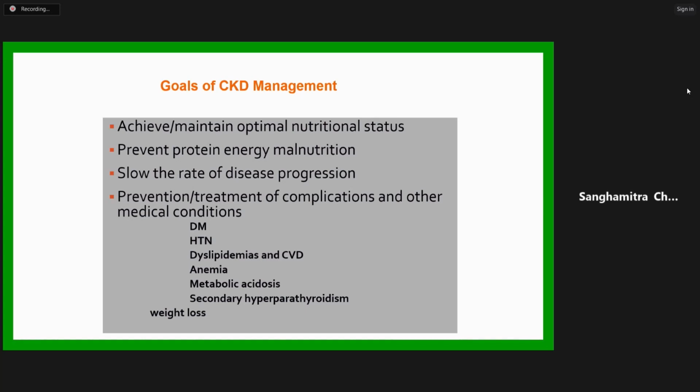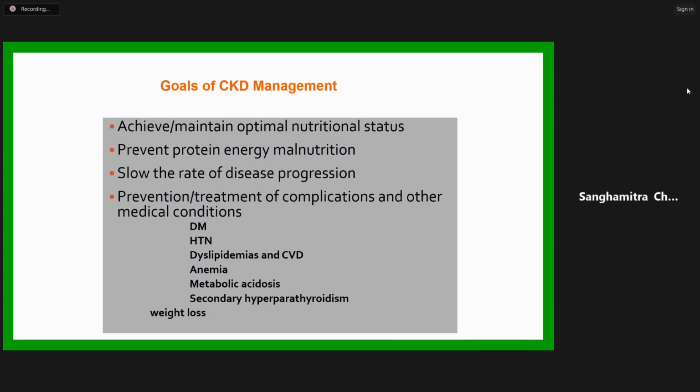But usually what is missed out is that the moment we talk of kidney, people only concentrate on protein and nothing else. Okay, I have kidney disease, I do not want to take protein. At the early stage, stages 1 and 2, I think it is far more important to concentrate on the energy management, the healthy lifestyle.